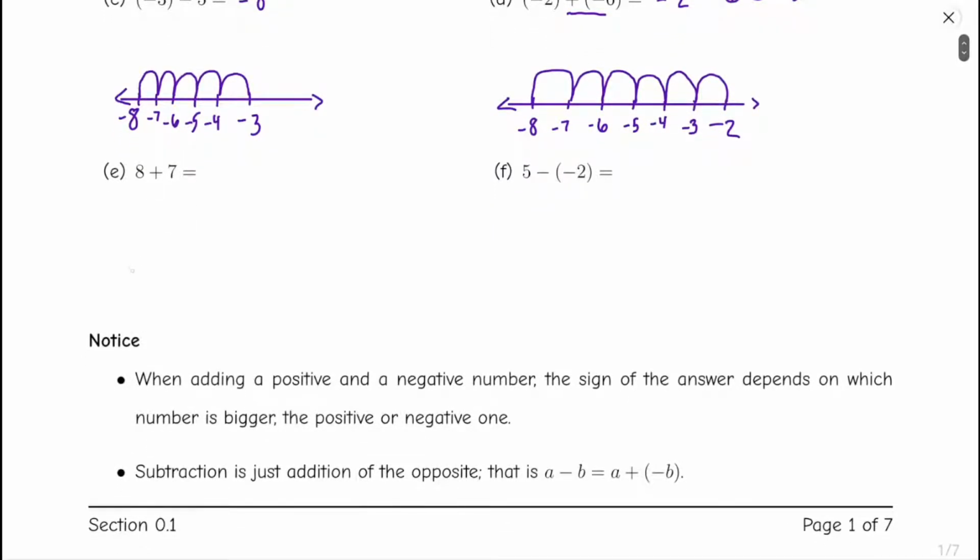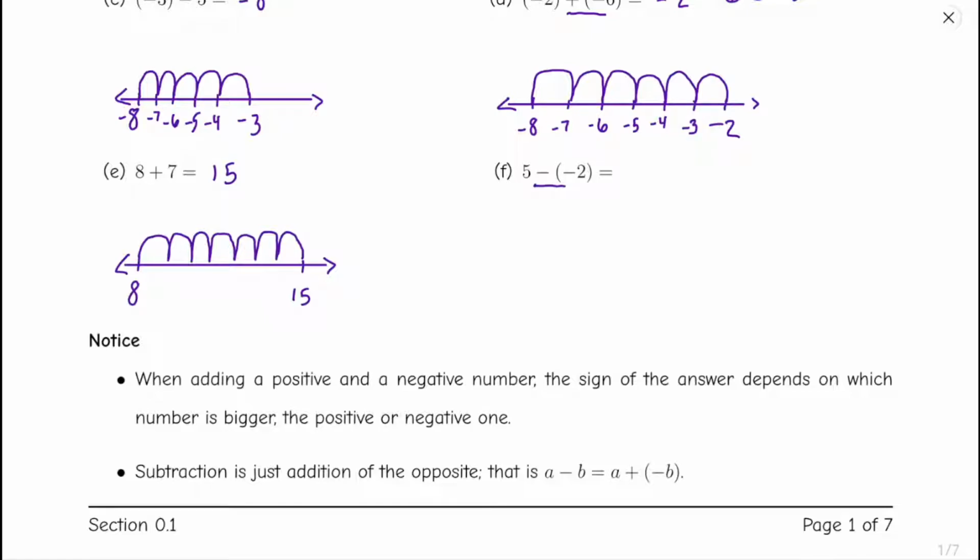E, 8 plus 7. So starting at 8 and going to the right 7. And if you fill that all in, we'll end up at 15. So 8 plus 7 equals 15.